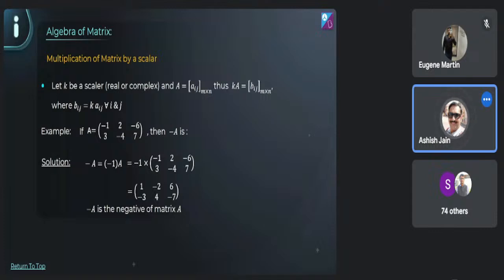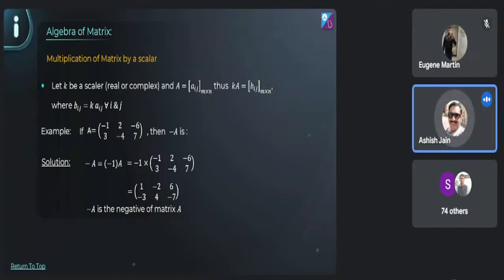Okay? Let k be a scalar, and take the matrix -6, 3, -4, 7. Suppose we have to find -A. -A means I have to multiply each element of A by the minus sign.